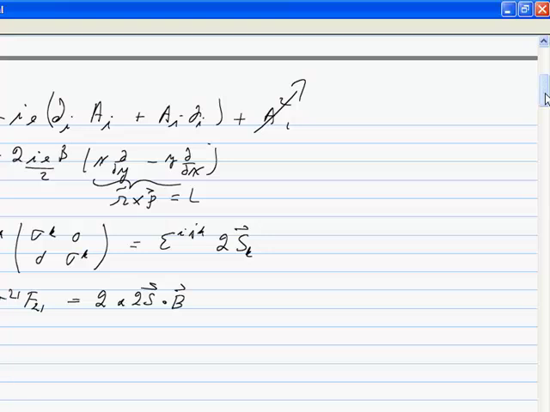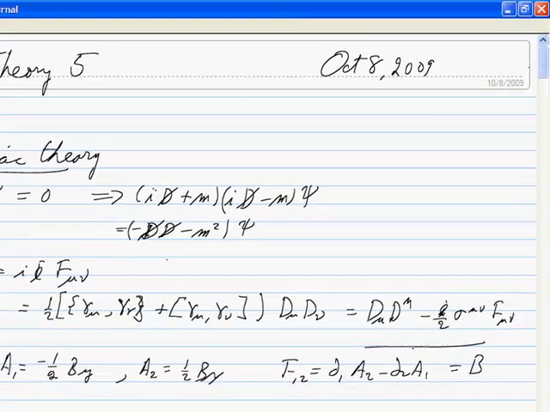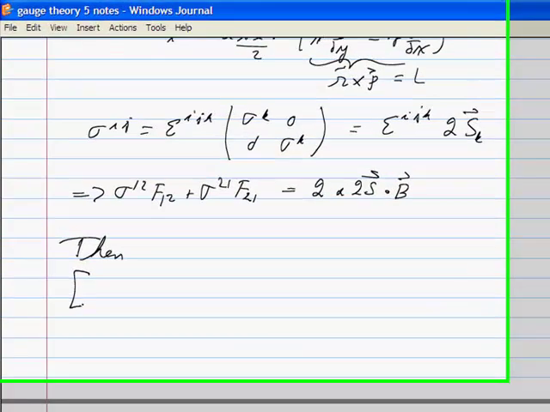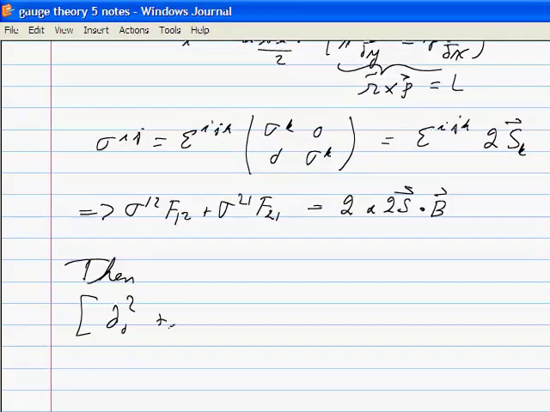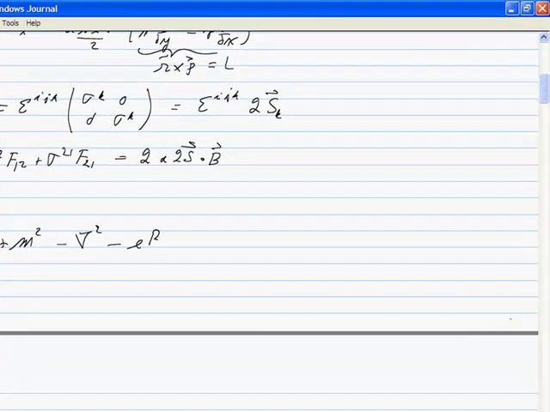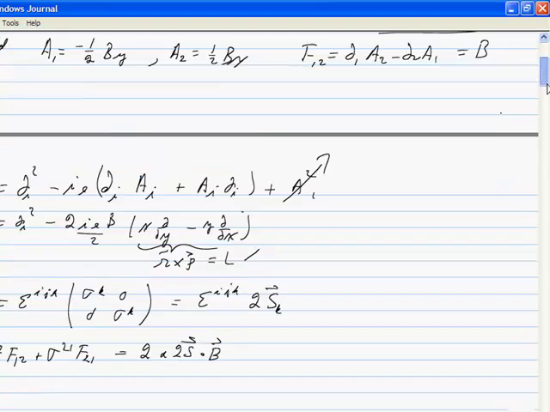And when I go back to our original D squared, which had that piece there, I get D_0 squared plus m squared minus del squared minus eB, and I get L from the derivative squared.